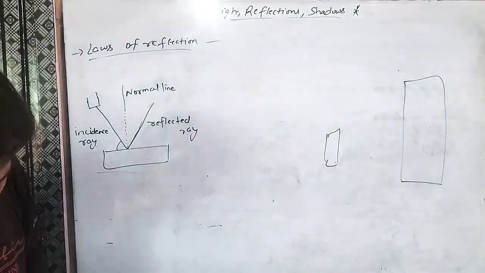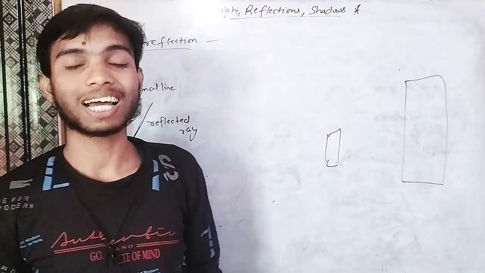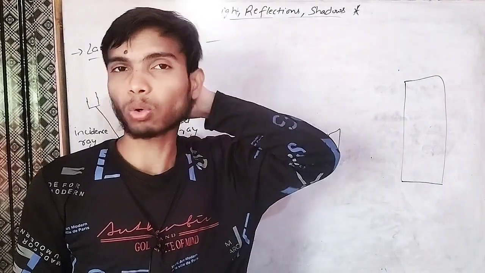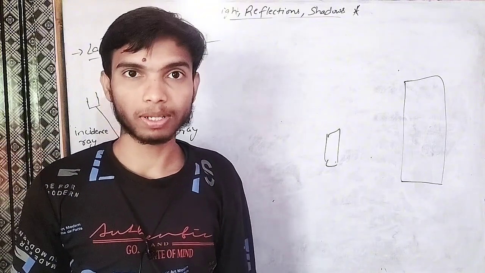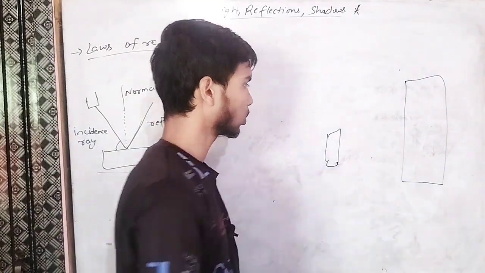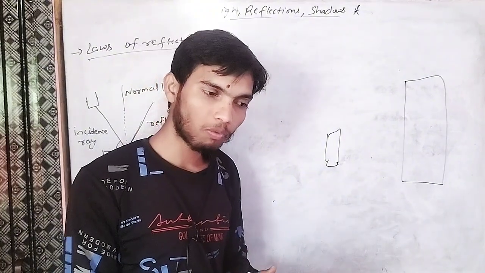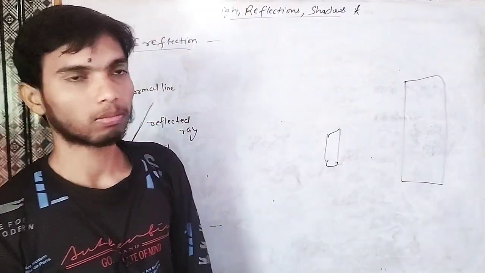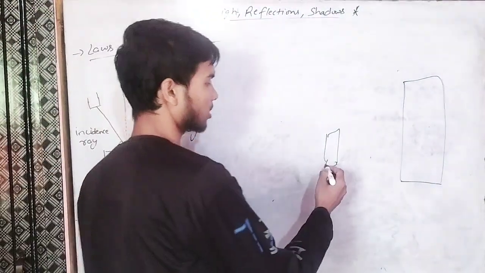Now it's time to tell: will the size of our image be the same as the size of our object, us? Of course, because this is a plane mirror. The size of our image will be the same as we are. So for any object in front of a plane mirror, the image of that object will remain the same size as the original object. Got it? This is erect.